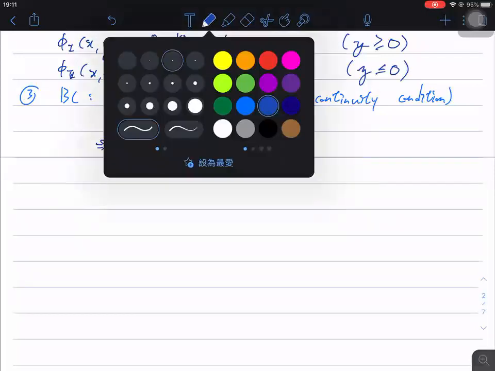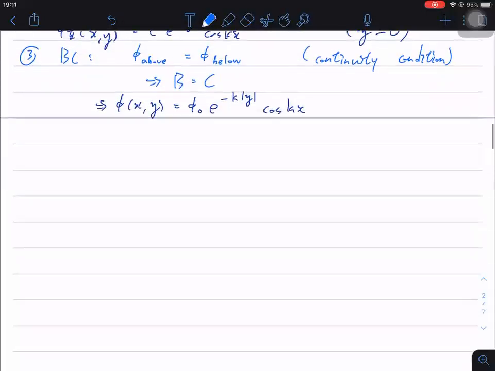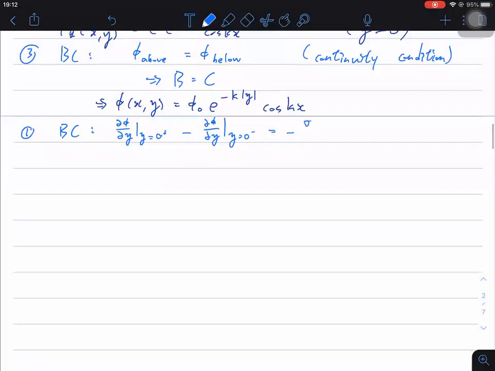And in order to find the value of phi naught, the only unknown in this equation, we can use the first boundary condition, which I can write again. The derivative of the potential above and below, and the difference is equal to minus sigma naught cosine kx over epsilon naught.